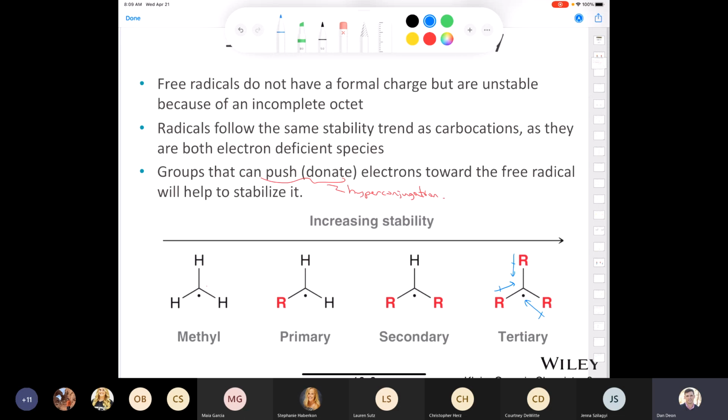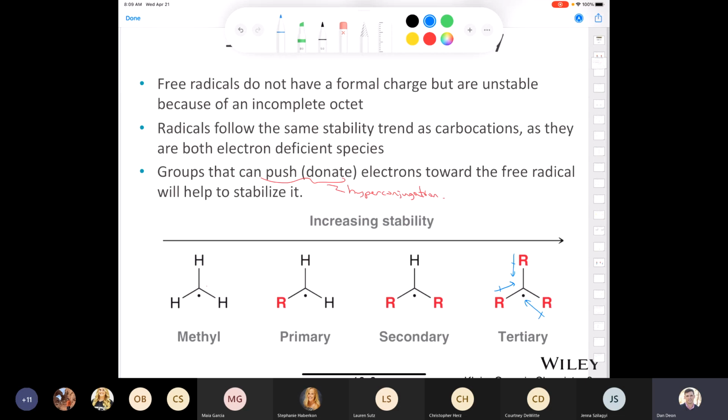So again, you have to know free radical stability, and you have to know the trend that I have here on this slide. Very important. And we're just laying some groundwork for us to understand what's going on when we look at radical reactions, right? You have to be able to assess a radical and say, well, is this one more stable than another? So on and so forth.